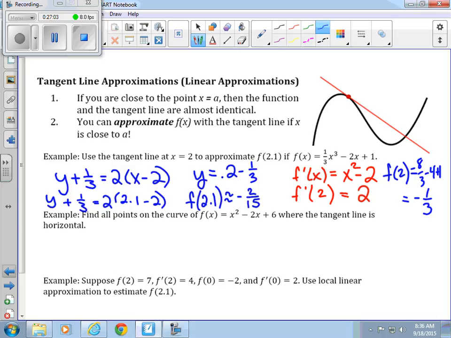Very close? Well, I trust your approximation. I mean, it's not perfect. So what do you get?